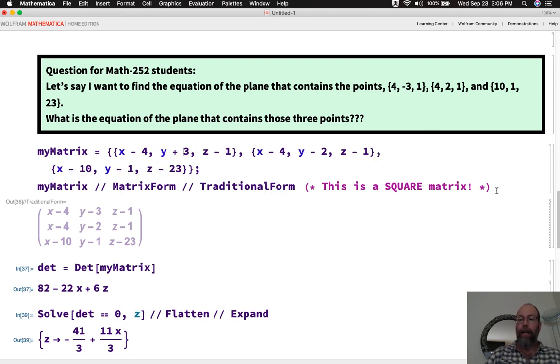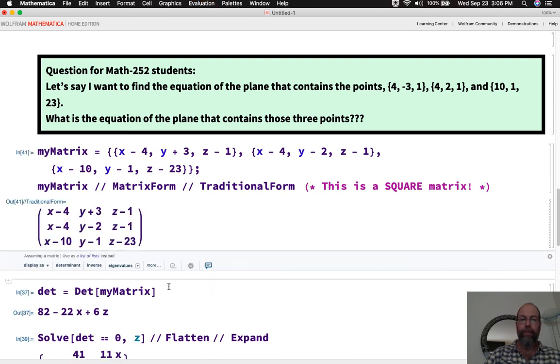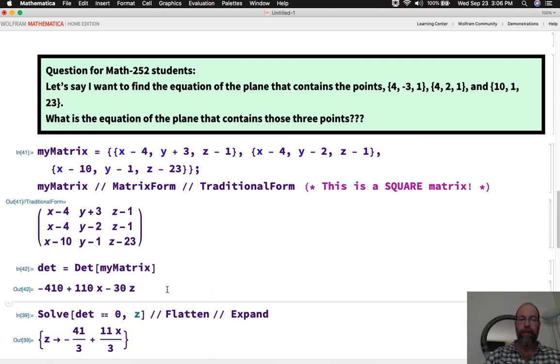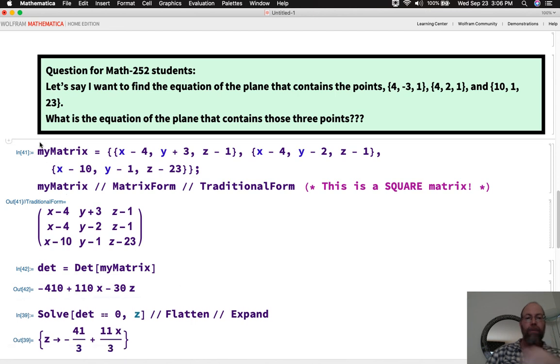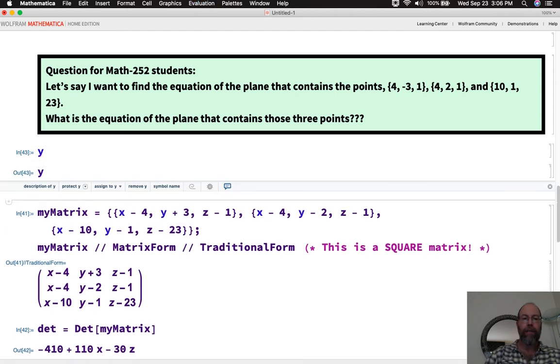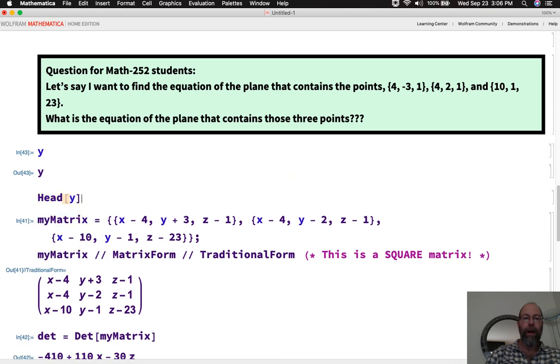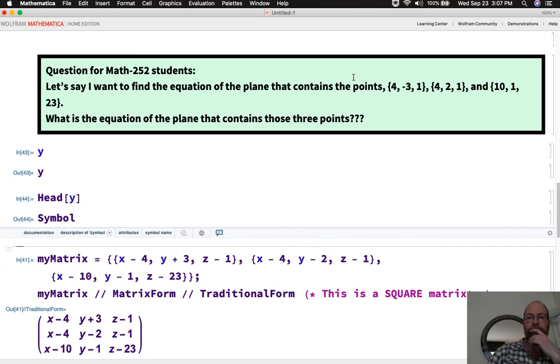Okay. And let's change that determinant. It's very strange that y... What is my value of y? Okay, so I'm not picking very good points here.